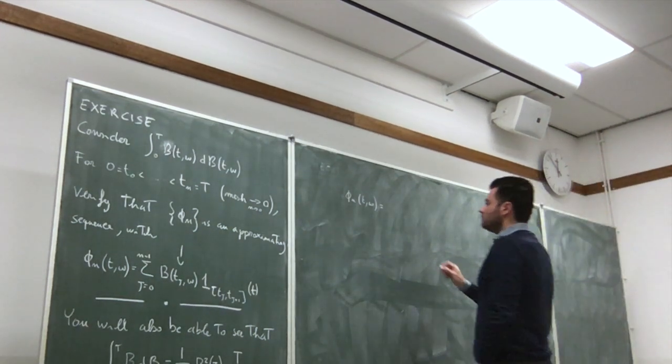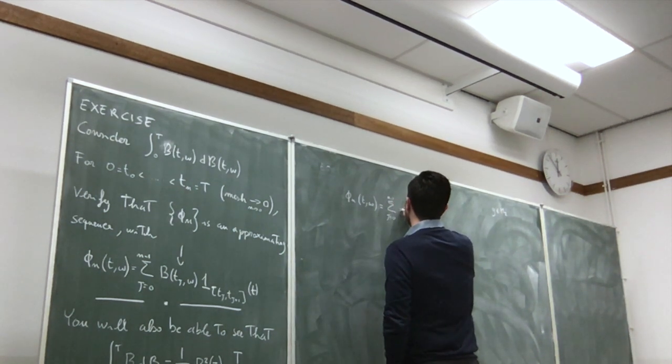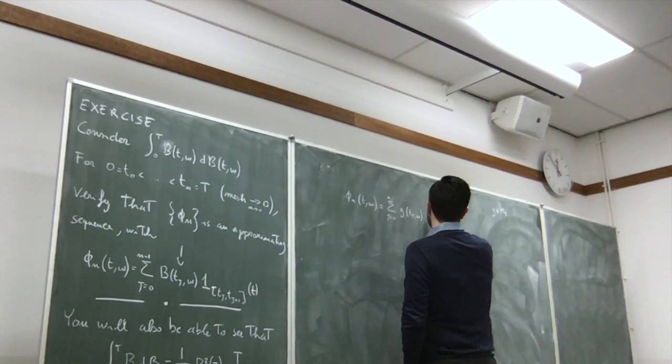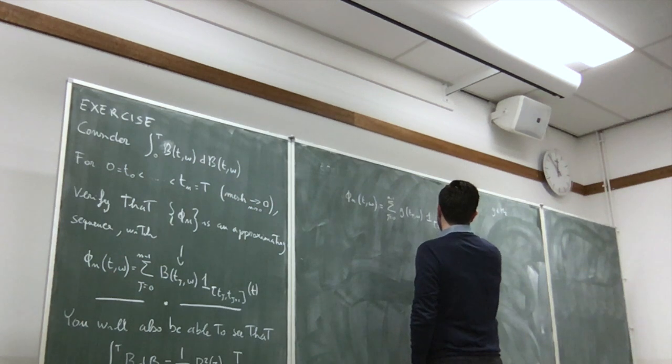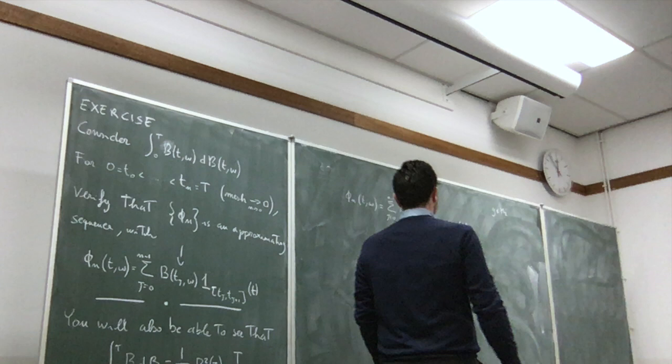And how? By defining the simple process in this way: the sum from 0 to n minus 1 of g(t_j, omega), the indicator of t_j to t_{j+1}, t.